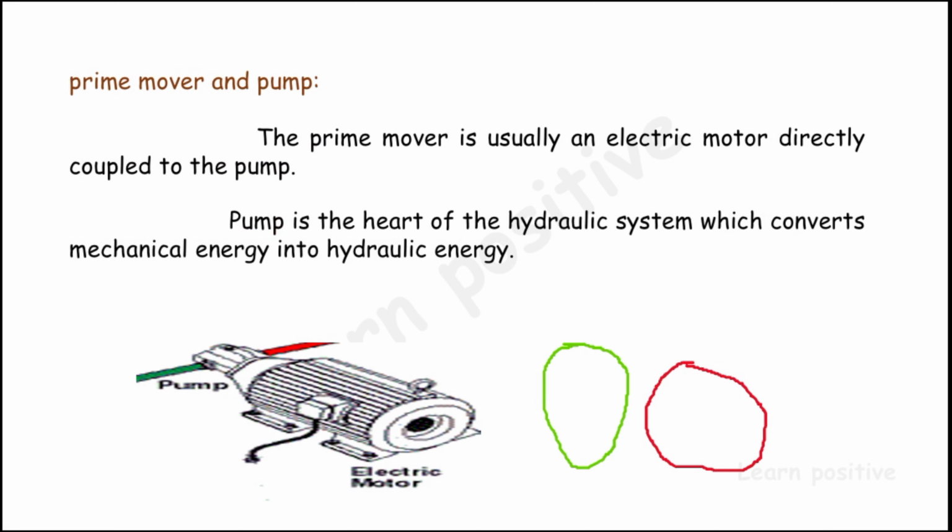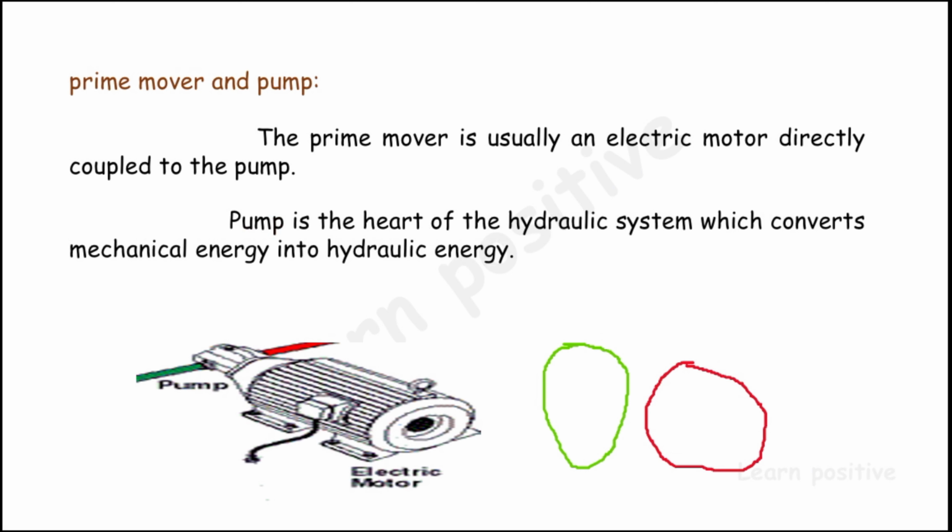The pump is the heart of the hydraulic system, which converts the motor's mechanical energy into hydraulic energy by pushing the oil to the delivery area. Why do we compare the pump with the heart? In our body, the heart supplies blood from head to toe.